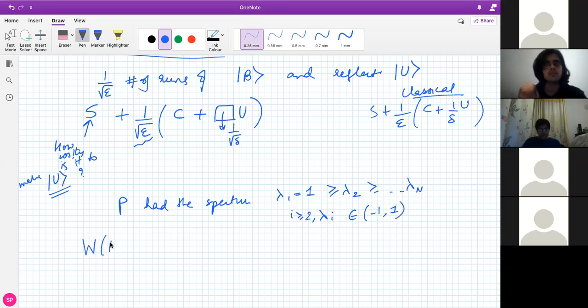Now, I am not going to show with calculation, but WP happens to have eigenvalues of the form e to the power i theta j, where my lambda j modulus equals cos theta j.